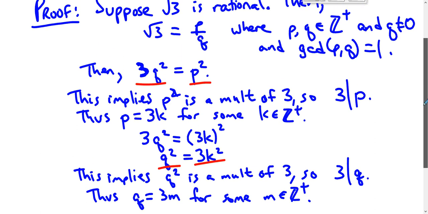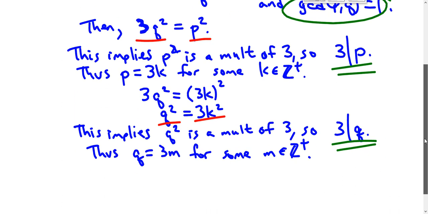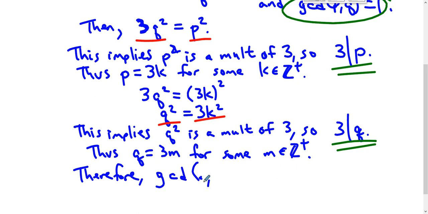Well, what goes wrong? What goes wrong is this goes wrong. The GCD of p and q is supposed to be 1, and yet here we go. So what? Therefore, the GCD of p and q is at least 3, which is greater than 1.